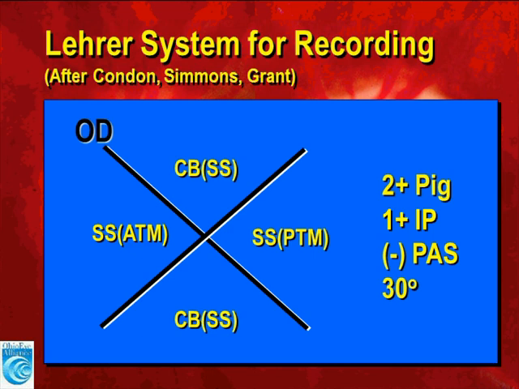We label each quadrant of the X as to what we can see with and without compression, just as in the Spaeth system. We note whether or not there is pigmentation, whether there are iris processes, whether or not there are anterior synechia, and what the angle degrees are. This is very useful for communicating with colleagues who may be a little bit confused as to which gonioscopic grading system we are using.